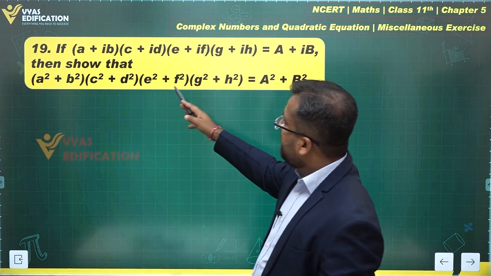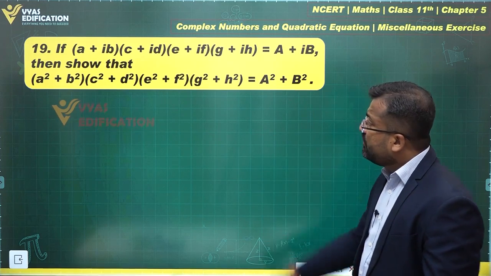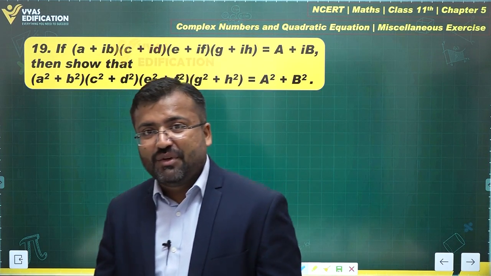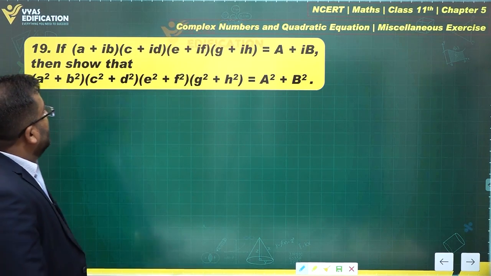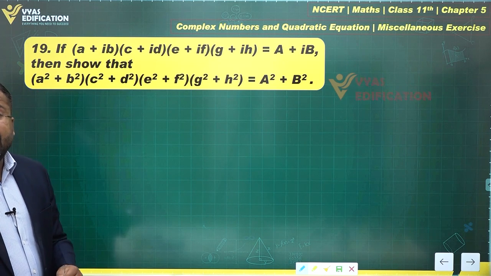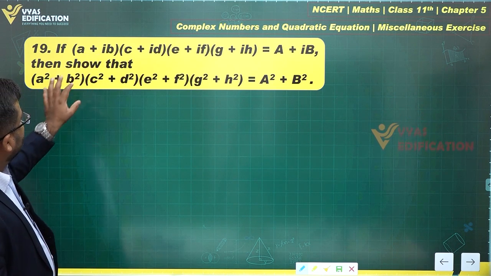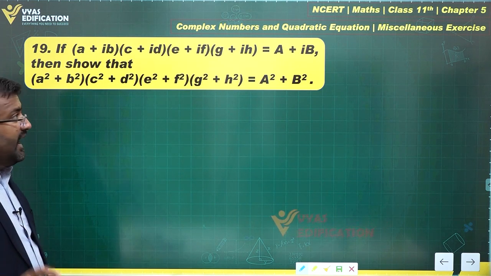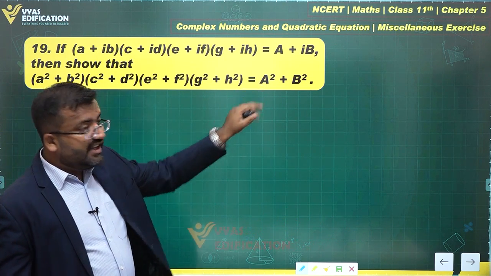How do we go about approaching this question? We have been doing this kind of question, right? A square plus B square seems to be related, and this expression is nothing but modulus of this square. And this is true for each and every one of these.